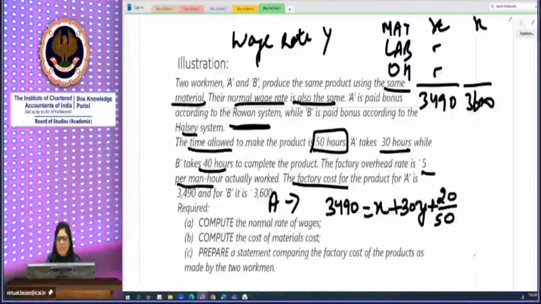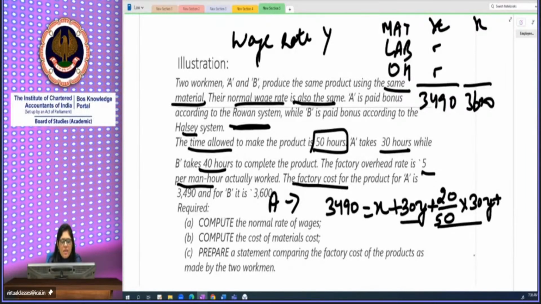Time saved is 20 hours in worker A's case into 30Y, time taken into rate per hour. So X plus 30Y plus 20 by 50 into 30Y. This is the normal wage and this is the bonus, plus the factory overhead.